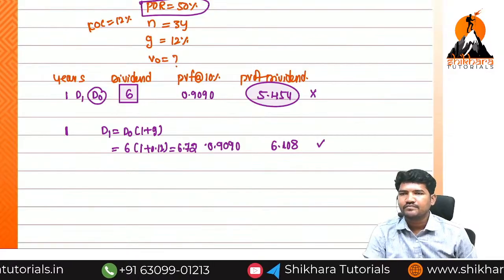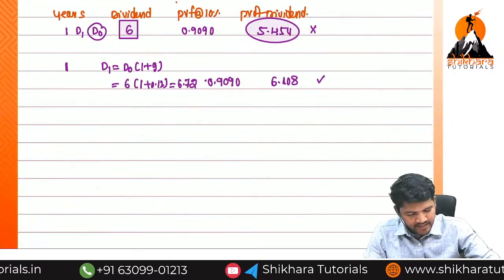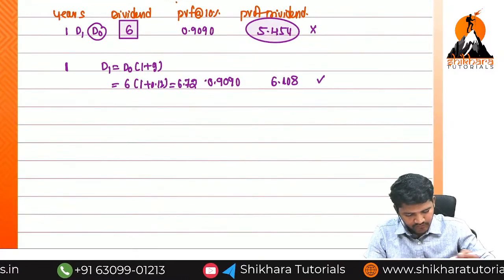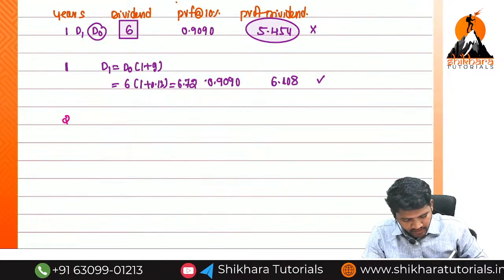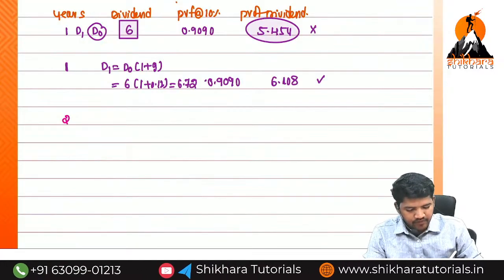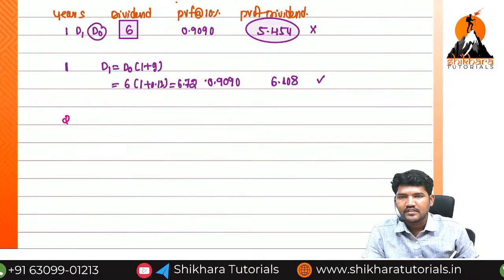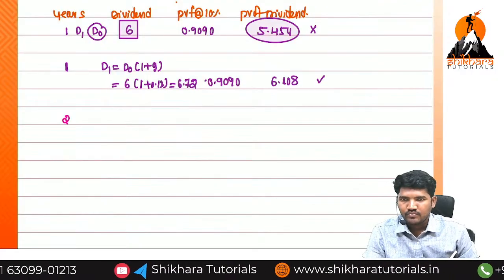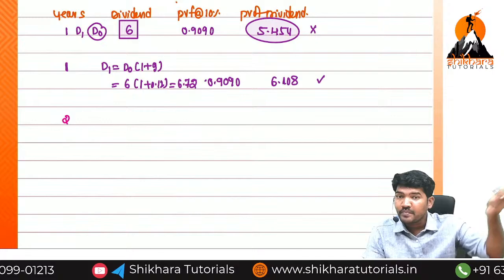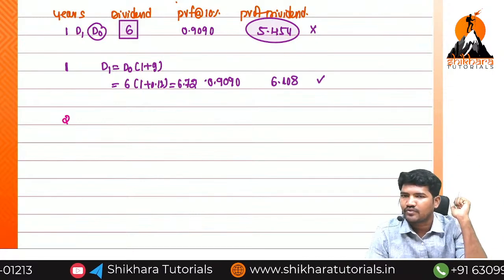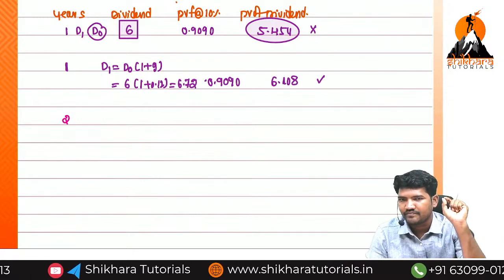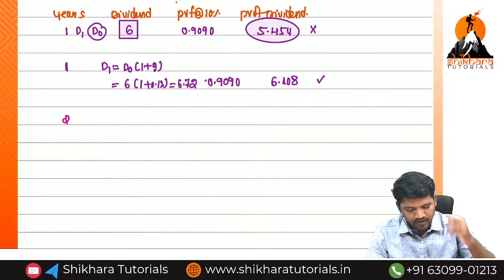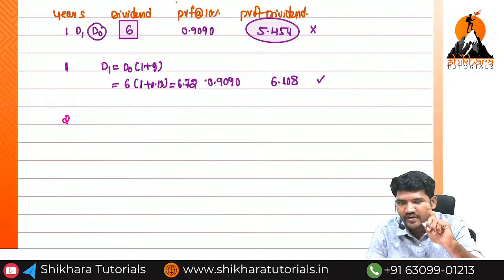Guys, clear? Now when it comes to the second year, can I take 6.72 or 6? 6.72, plus 12% growth for the second year. Sir, we have two alternatives here.